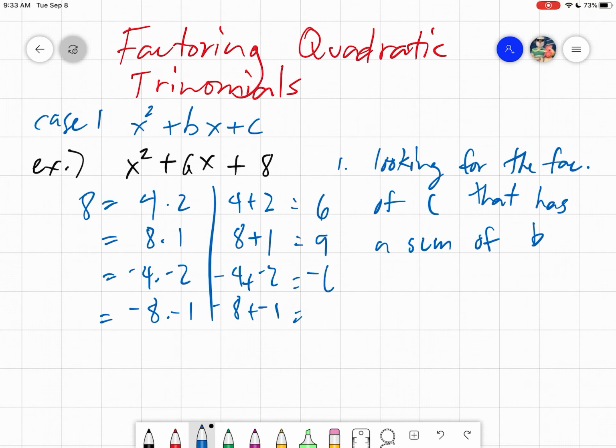So this would be 6, this would be 9, this would be negative 6, and this would be negative 9. Our given is positive 6, so you check which one of these four has an answer of positive 6. You will notice that the first one yields a positive 6. Therefore, we will take these factors.